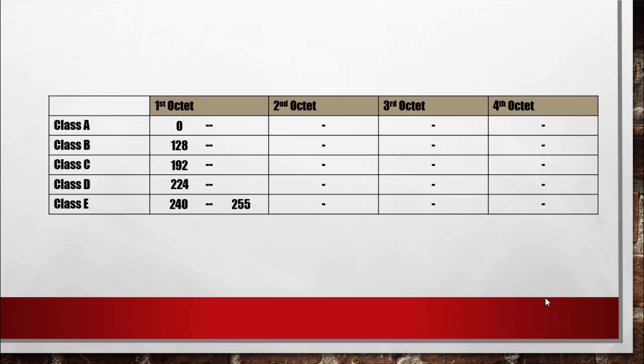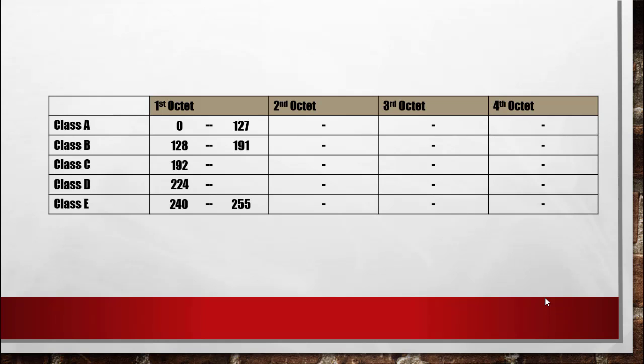So for class A, if it is 0, the starting point, and if class B is 128, the ending of class A should be 127. Then if C is 192, the ending of class B should be 191.